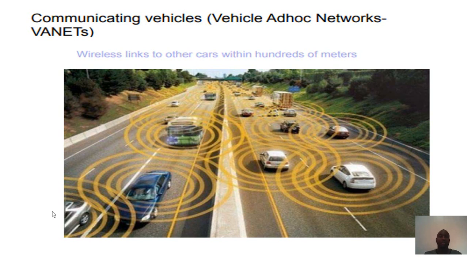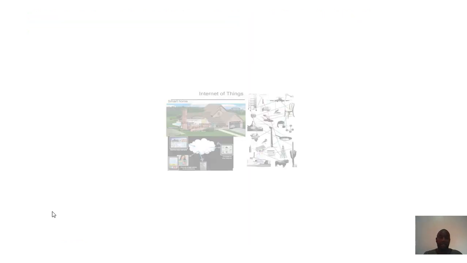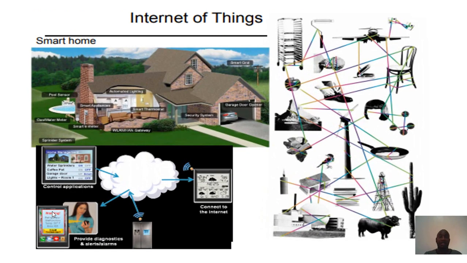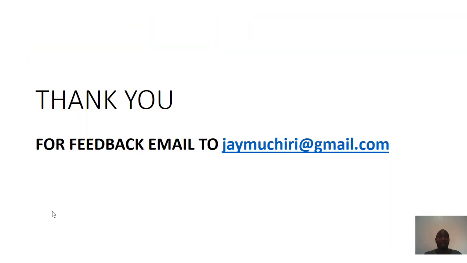But you can have an ad hoc network where, in case you're connected, you have a router on your car, or on the move, you'll be connecting to people around you, and this is a very good way of connecting people in places with maybe mountainous areas, but with a good road network. We have Internet of Things. Everything in your house is all connected to a network, and you can see it's a very big element.